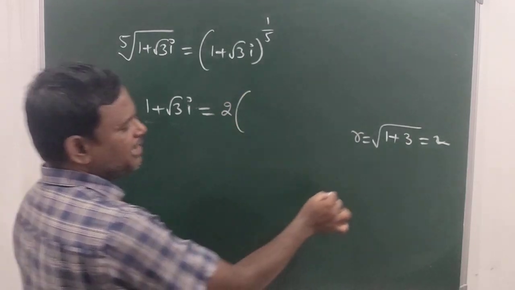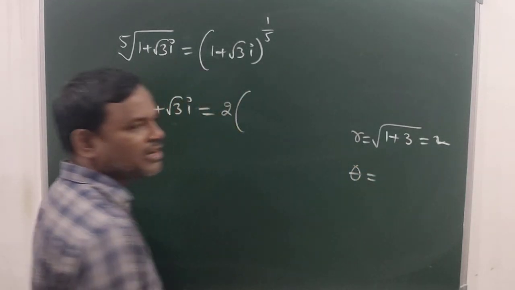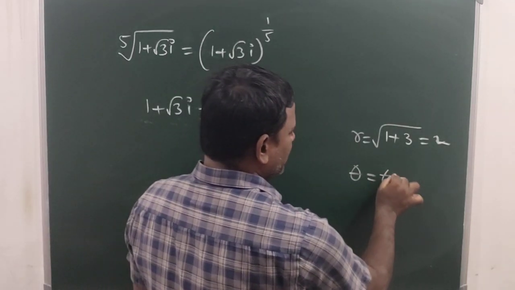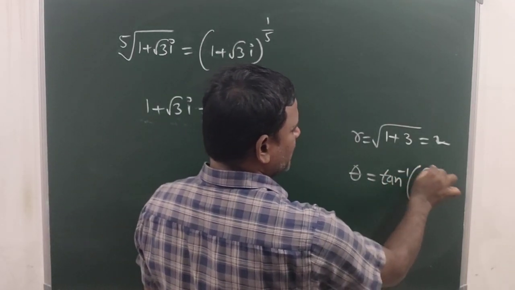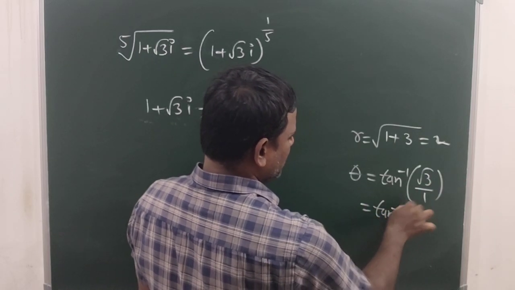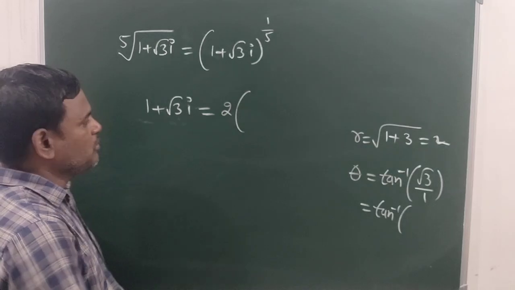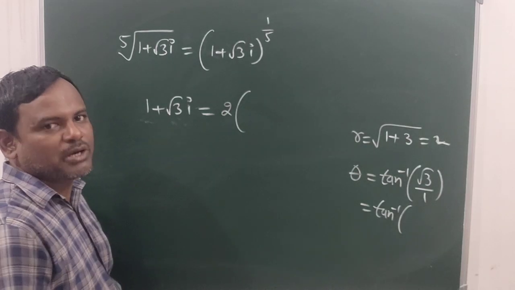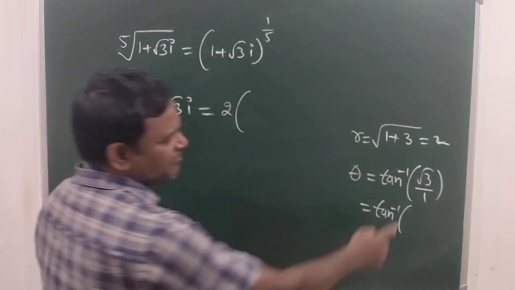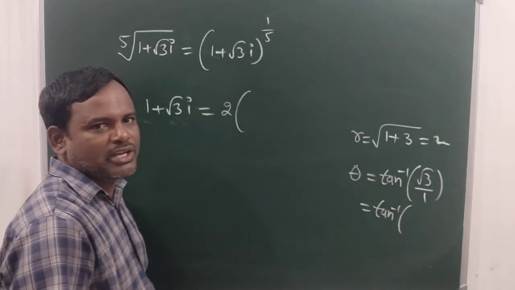Now theta. Theta is how much, students? Tan inverse of y by x. Okay. So tan inverse of y by x. Y value root 3 by x value 1. You know this belongs to the first quadrant. 1 comma root 3 belongs to the first quadrant. So in the first quadrant, where do you get root 3?